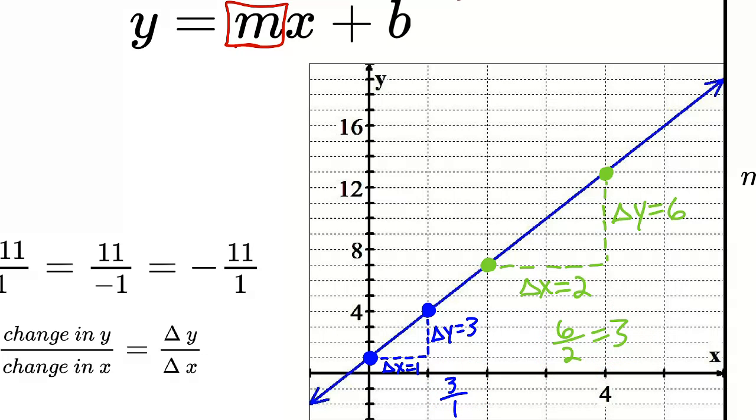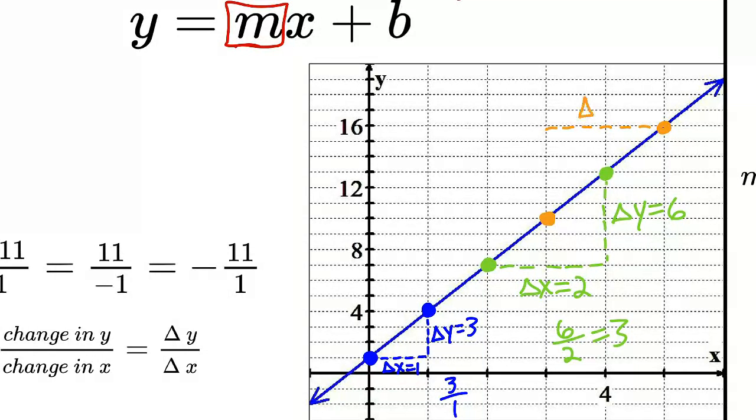Okay? I do want you to see one more way that we can think about it. If we go from this point down to that point, so we're starting at the point on the right. Actually, let me do this. I'll do from this one to this one. So we're going this way.